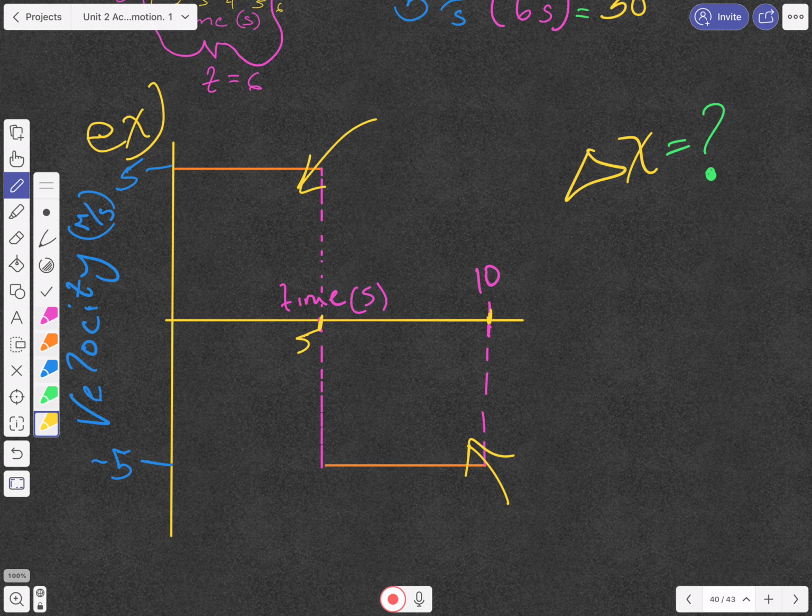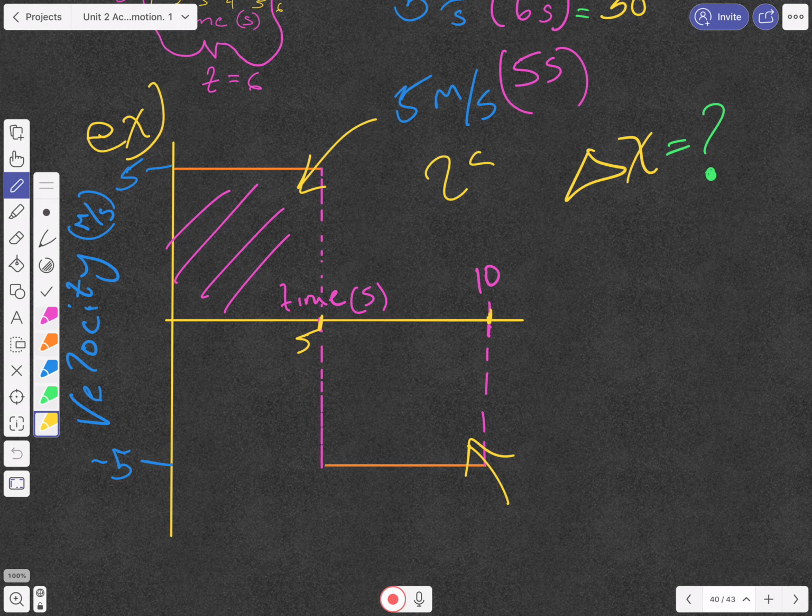Alright, so if you've paused and hit play again, you should have found that this one here, you went 5 meters per second for 5 seconds, which would give you a positive 25 meters.